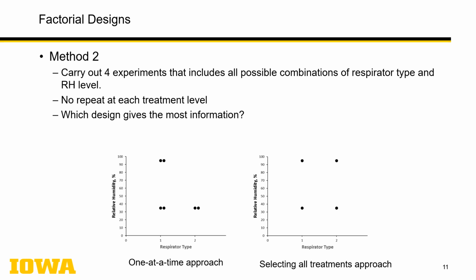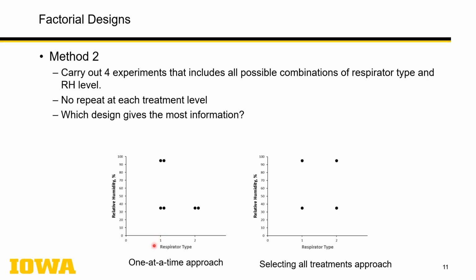But method 2 is that you carry out 4 experiments that include all possible combinations of respirator type and RH level. What wasn't covered before: we held humidity at 35% and then looked at the 2 respirator types.